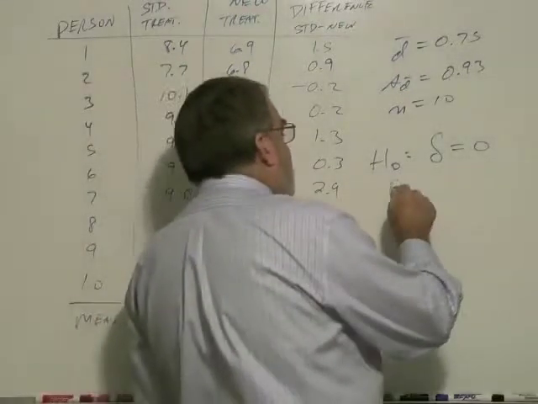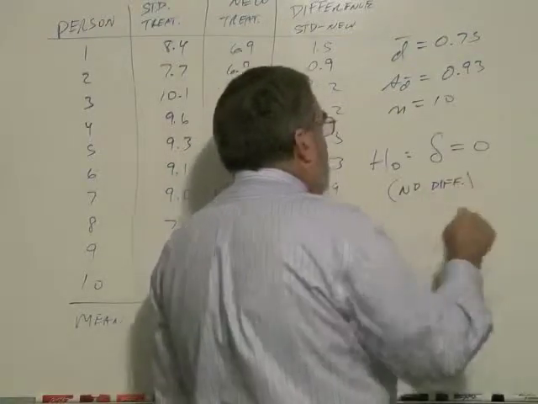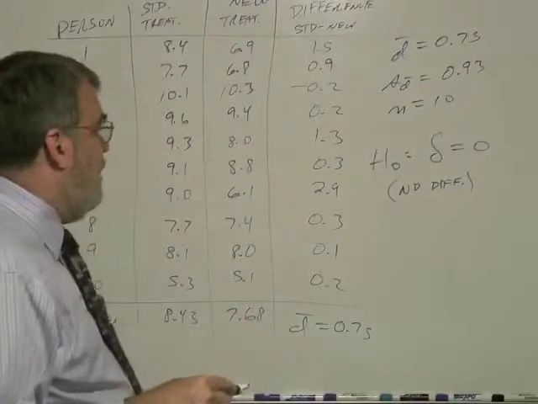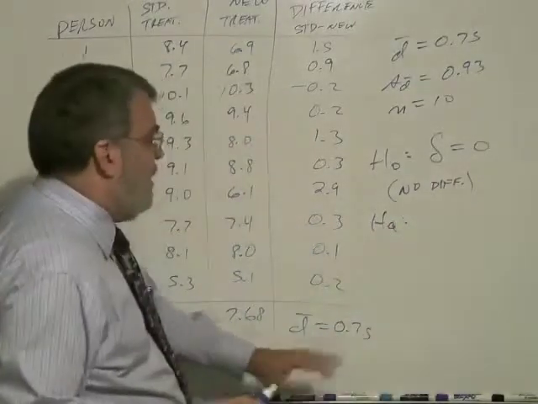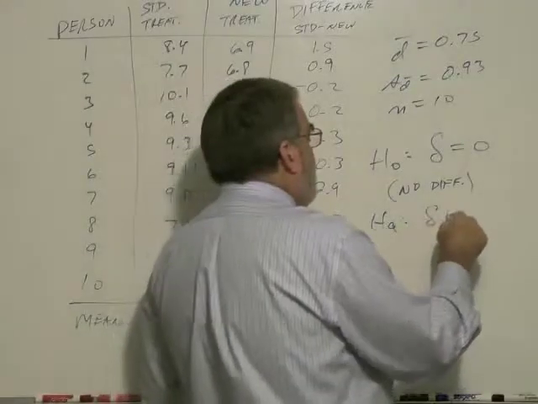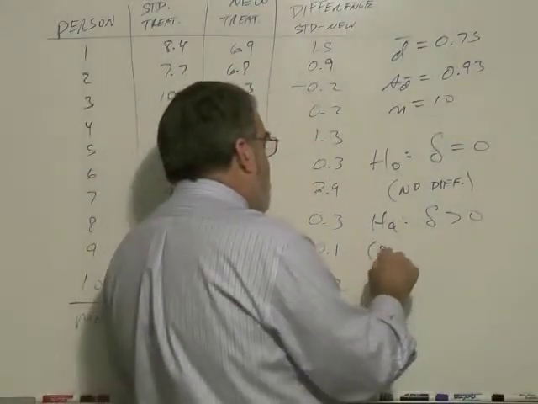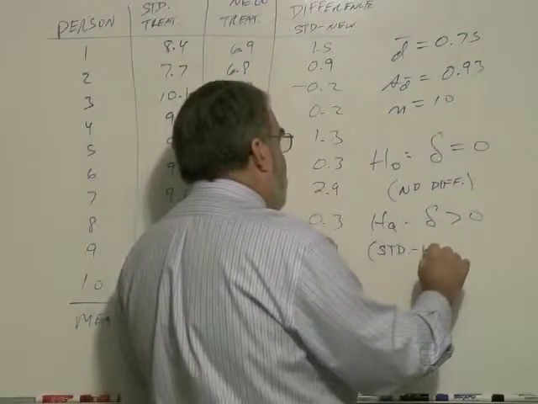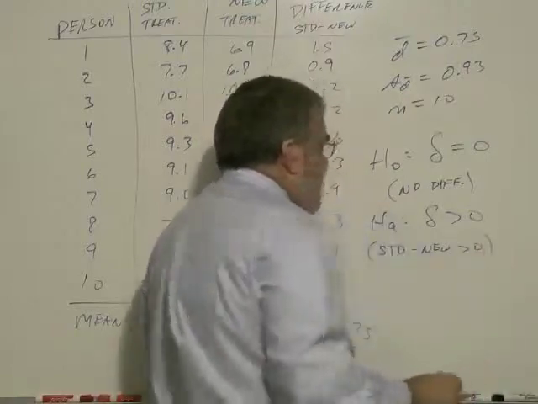This means there's no difference, person to person. And the alternative hypothesis, since this is positive, is delta greater than 0. That means that standard minus new treatment would be positive.